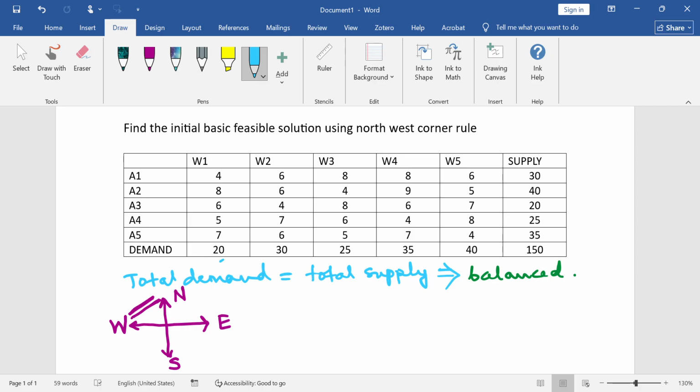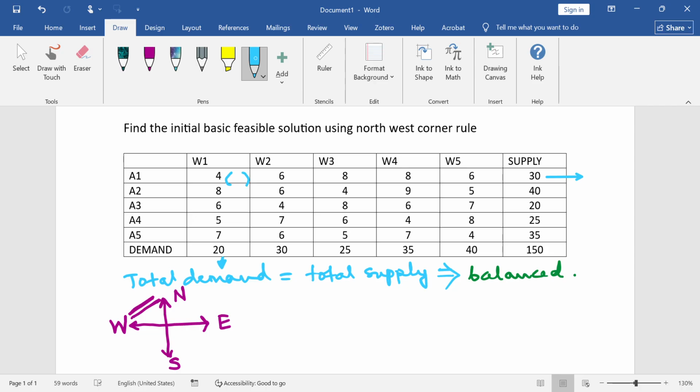So let's start with the northwest corner over here. Now we have to check what is the total supply and what is the total demand. So here we can see for A1 the total supply is 30 and for W1 the total demand is 20. So how much can we allocate to this particular cell? The demand is 20 and the supply is 30.